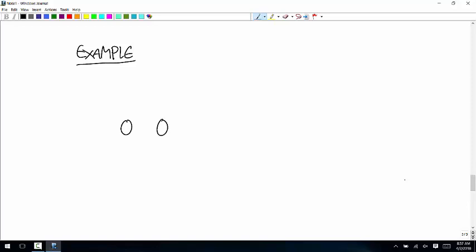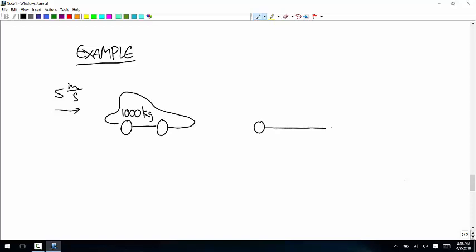Okay, so let's say we got two cars. This one's going 5 meters per second and has a mass of 1,000 kilograms. And it runs into this other car that has a mass of 1,500 kilograms and is going 4 meters per second.